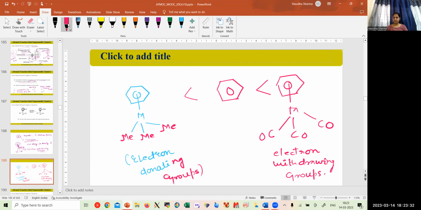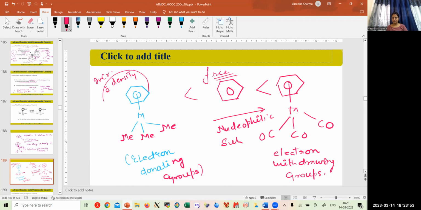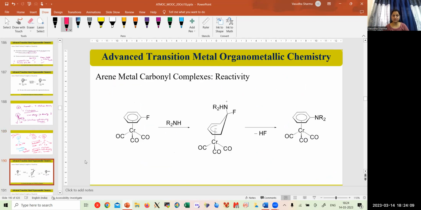Because now the metal moiety has increased the electron density here, and this is the plain arene, so it is not going to change anything. This one is reducing the electron density, and that's why it will be more towards the nucleophilic substitution reaction. And the trend goes opposite when we talk about the electrophilic substitution reaction. I hope this is clear.